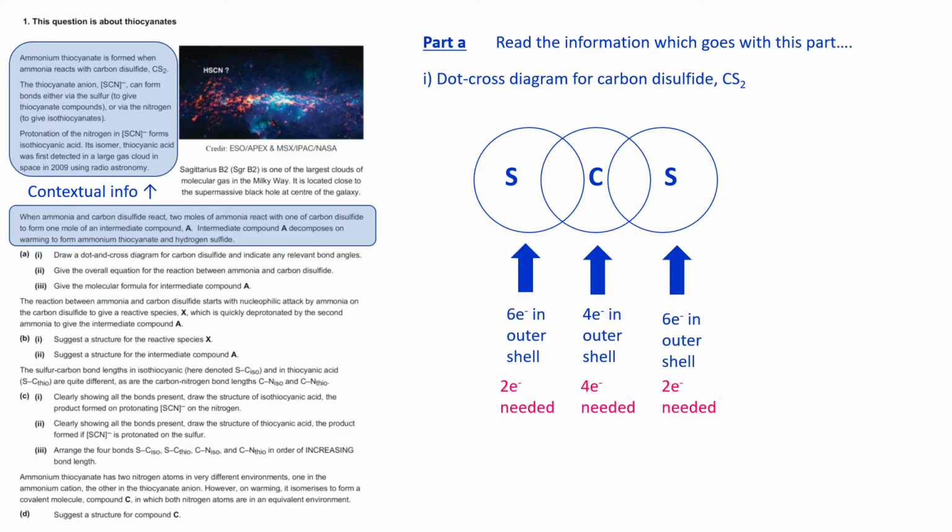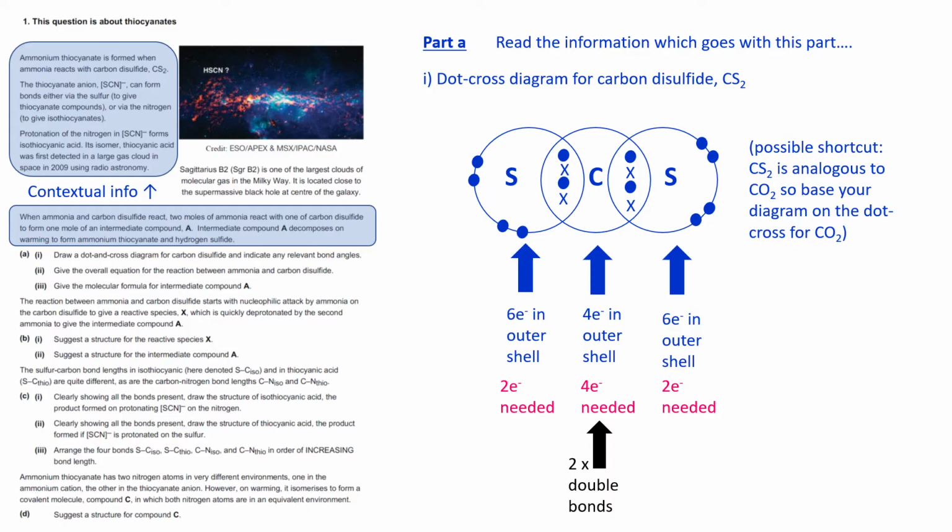So therefore, to complete the outer shells, you need, respectively, for sulfur 2 electrons and for the carbon 4 electrons. So that might suggest 2 double bonds.